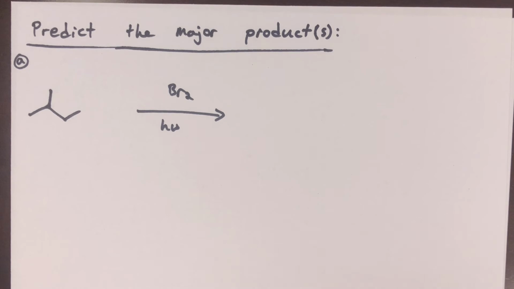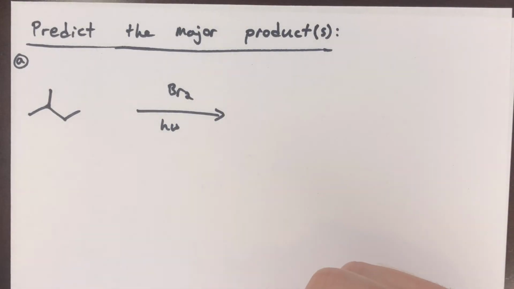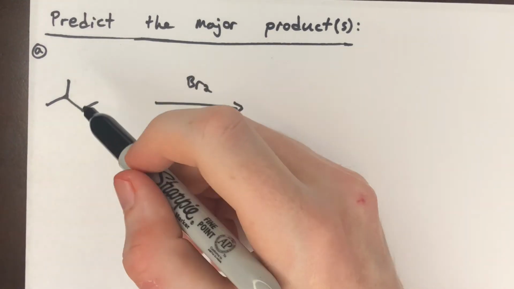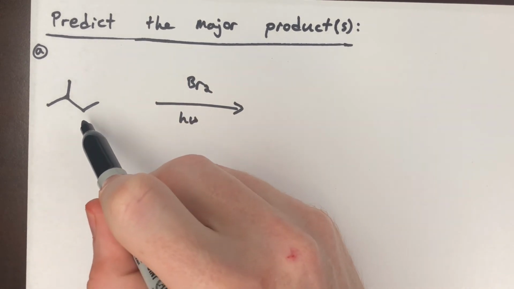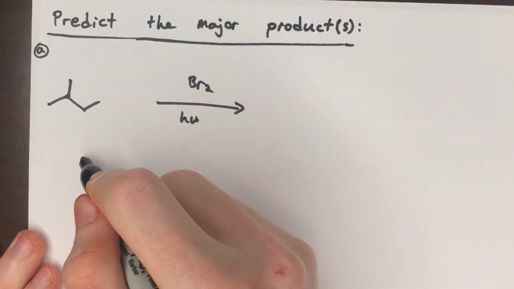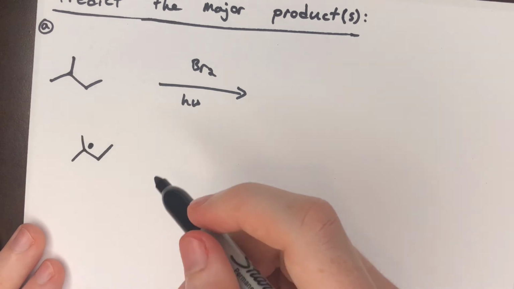So here, we need to consider all the possible radicals that can form. And there are many that are equivalent to each other. If we consider this position, if we're going to make a radical there, it would be primary, here secondary, here tertiary. So let's draw those three options. Here's our tertiary radical.